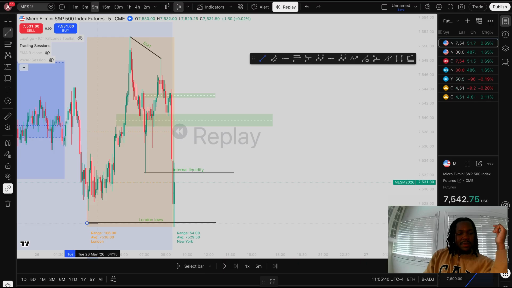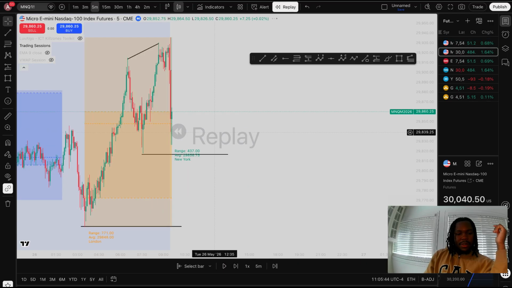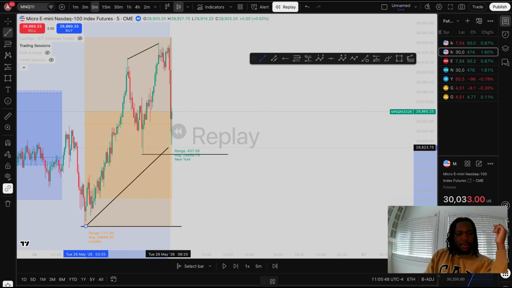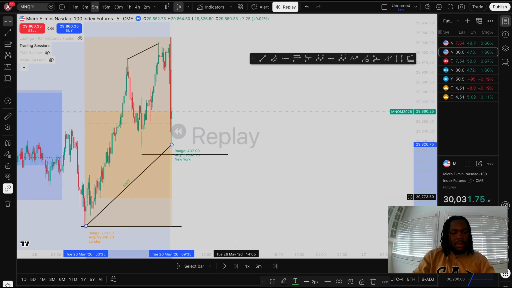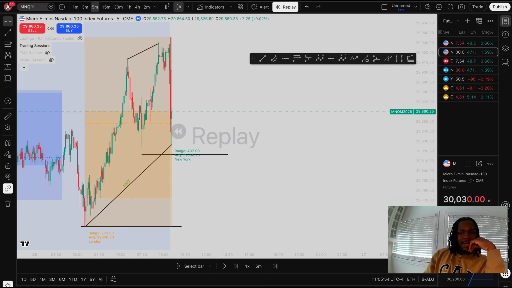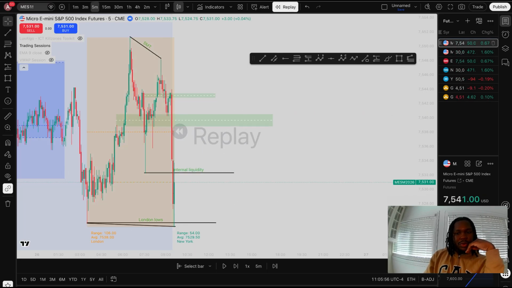So we have this, swept this high, this low, and off this low, the price is all the way up here. So that has the SMT divergence because we swept on ES, but we failed to sweep on NQ.